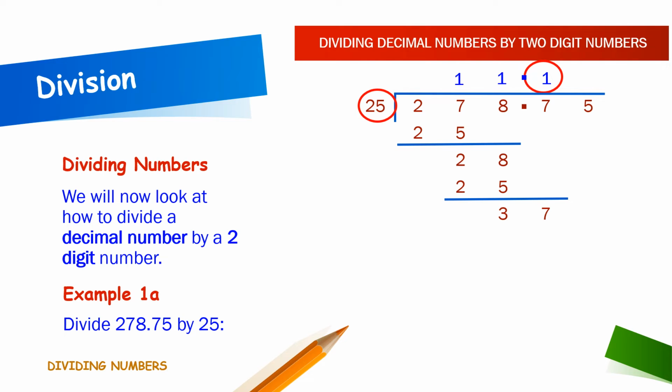Multiply 25 by 1 to give 25 and position it here. Subtract to give 12. Bring the 5 down and position it here, as shown.